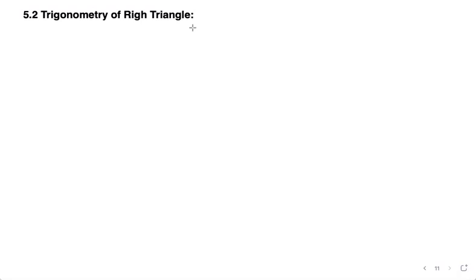The trigonometric ratios come from a right triangle like this.